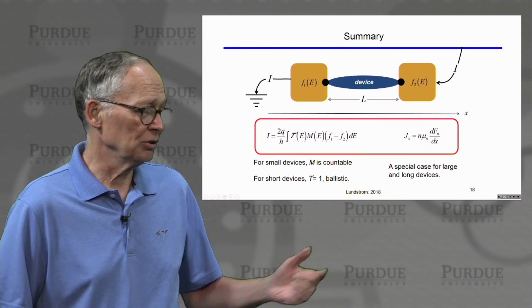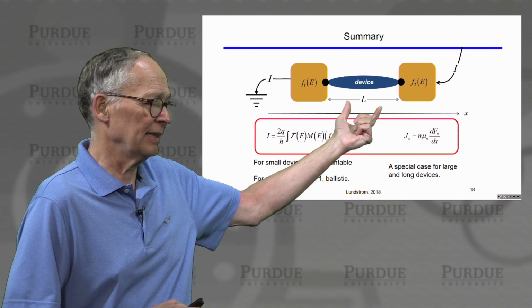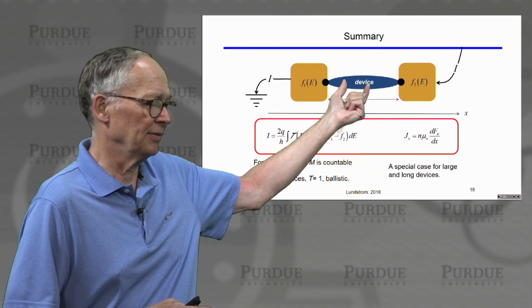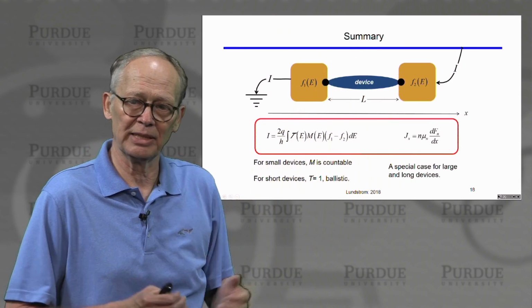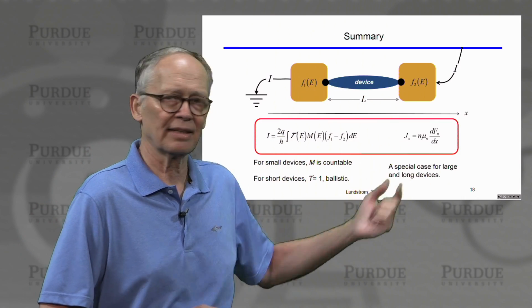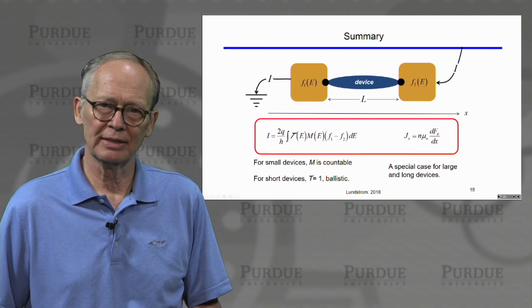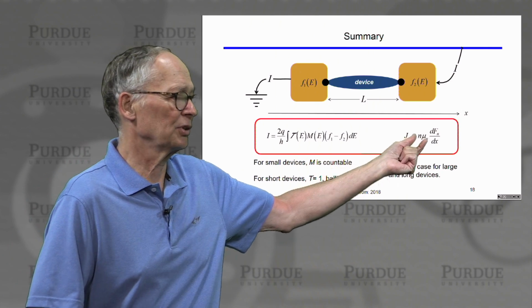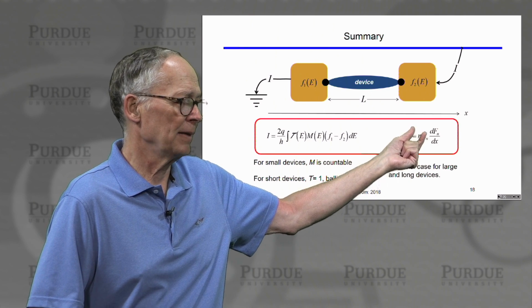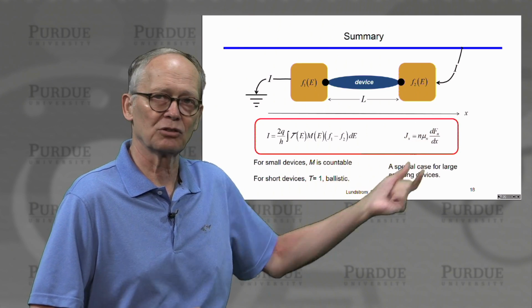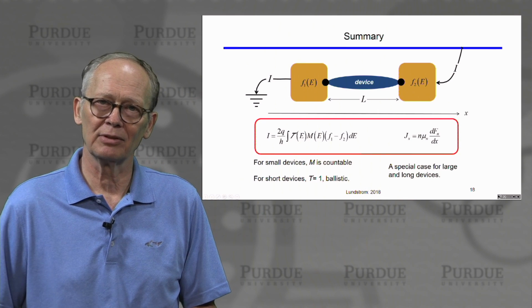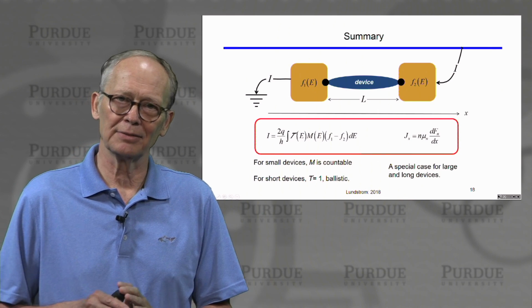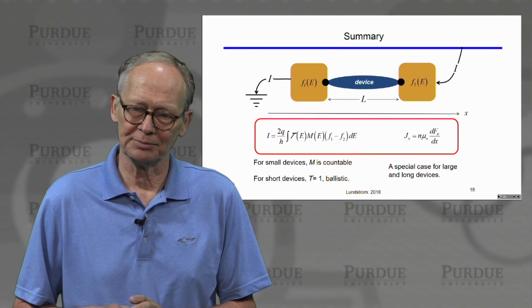Now, I can also use this same expression and let the length get large, let the device cross-section get large, so there are many channels, and we will get this classic expression for the current in a large semiconductor device. So the current is proportional to carrier density times mobility times the slope of the quasi-Fermi level, this quantity analogous to the Fermi level, but out of equilibrium.